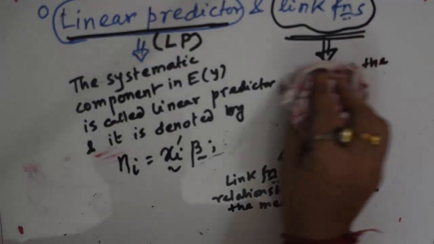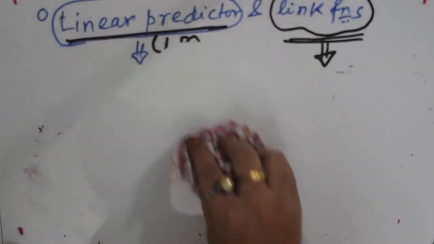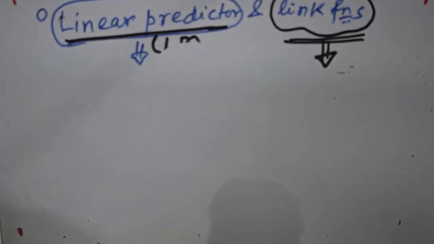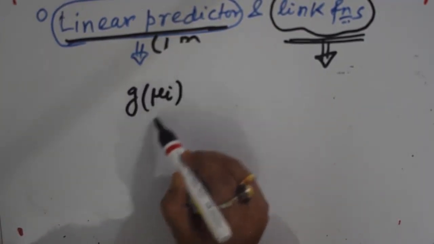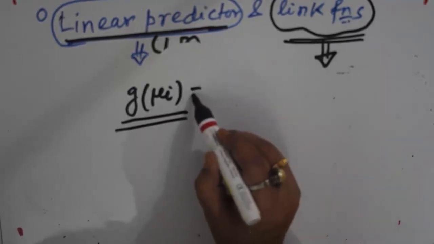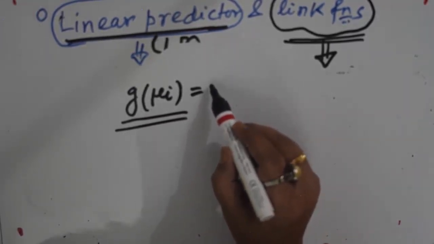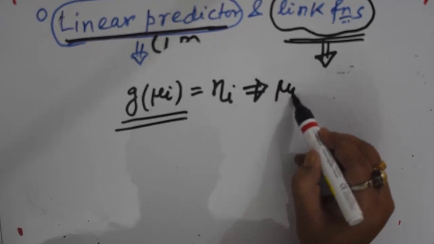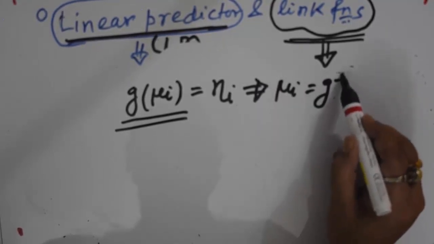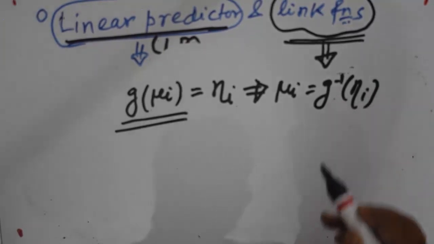So, we denote g of mu i equal to eta i, and this implies mu i equal to g inverse of eta i.